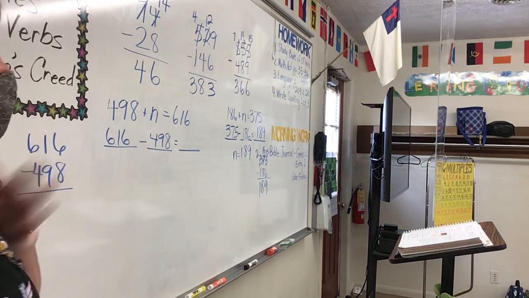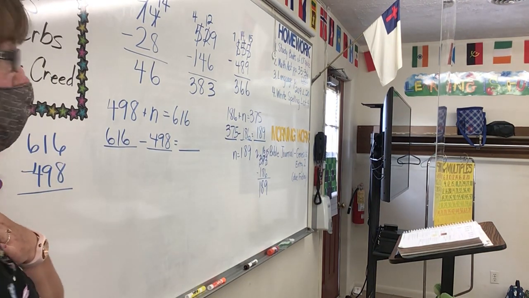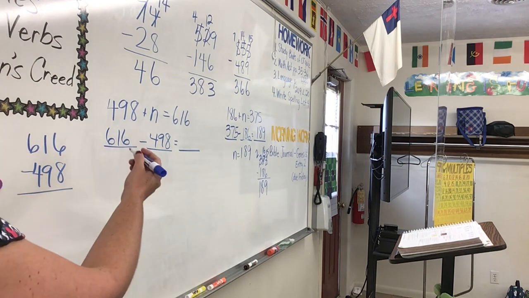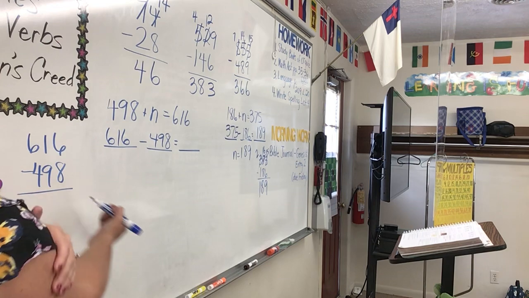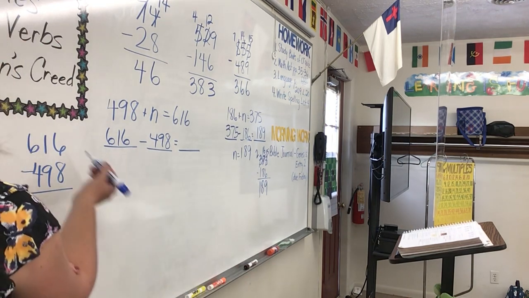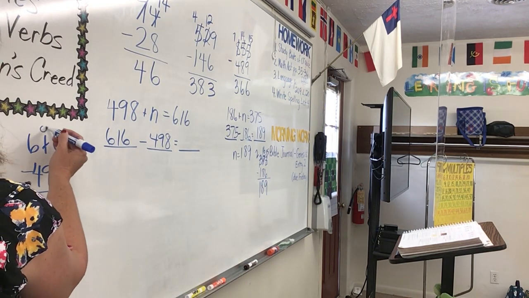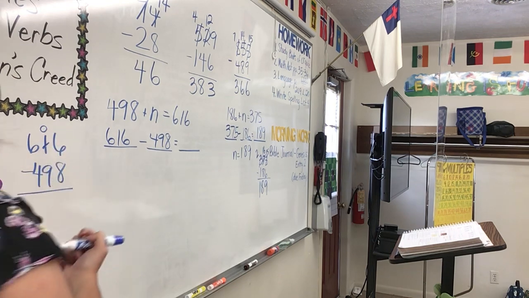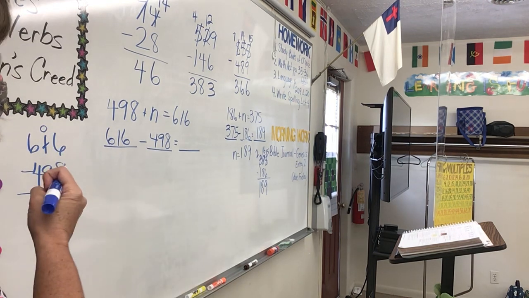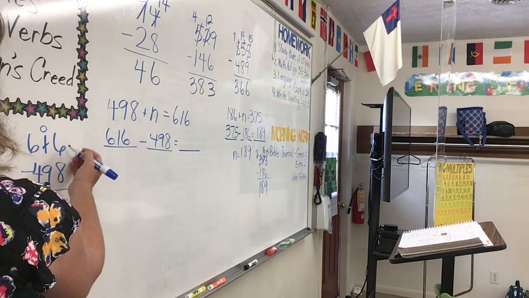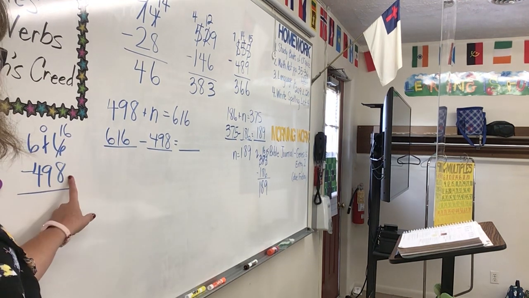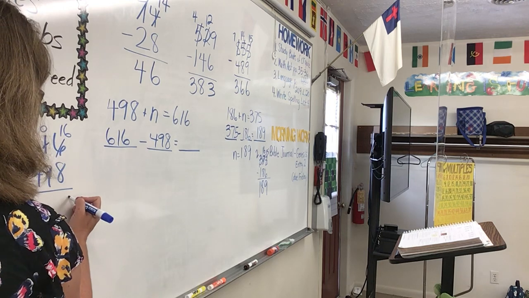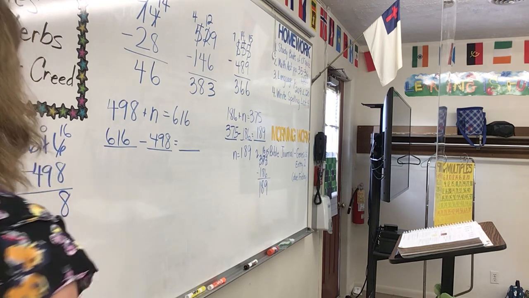Okay. I'm going to go ahead and subtract the way I learned, and how our book teaches us. So 6 minus 8 we cannot solve. So come over here and borrow from the tens place. So my 1 now becomes a 0. I took all the tens. And my 6 becomes a 16. So 16 minus 8 is 8.